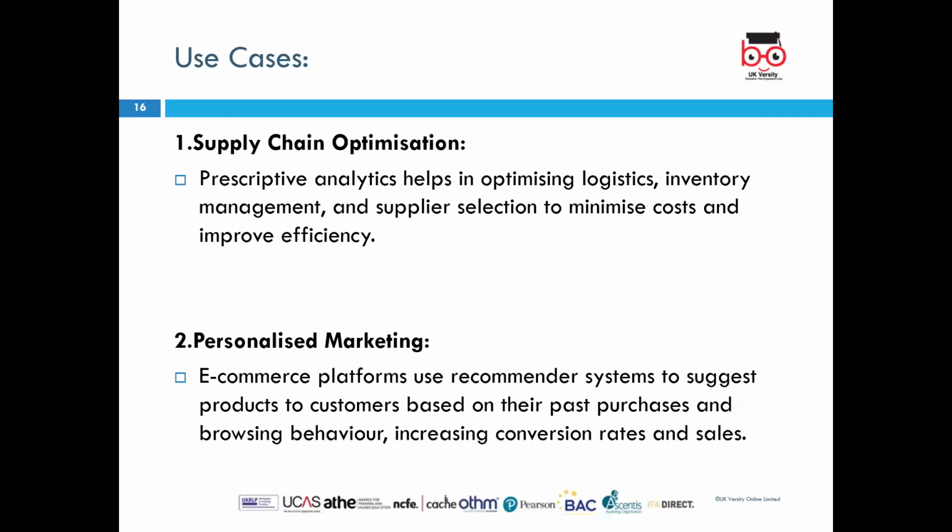One use case is supply chain optimization, which helps optimize logistics, inventory management, and supplier selection to minimize cost and improve efficiency. Another is personalized marketing, where e-commerce platforms use recommendation systems to suggest products to customers based on past purchase and browsing behavior.